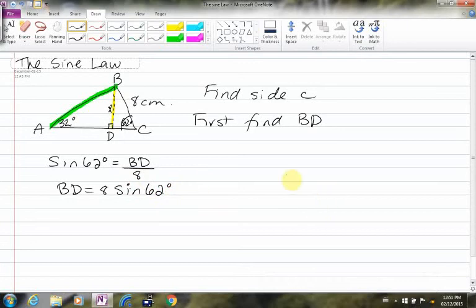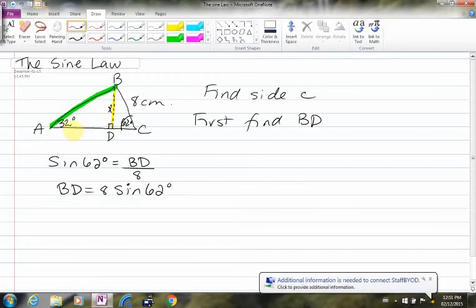I'm not even going to worry about finding that just yet. I'm just going to leave it like that. Okay, so now that I know what BD is, what would I do to find side C, or AB? It's going to be sine again, because now I have the opposite side and I'm looking for the hypotenuse. Can everybody see that?